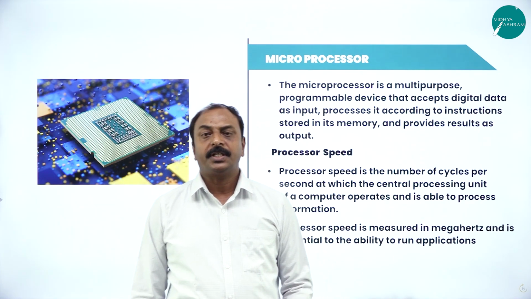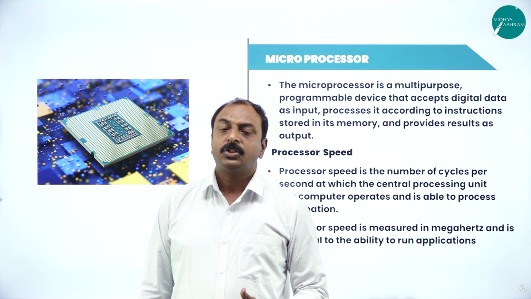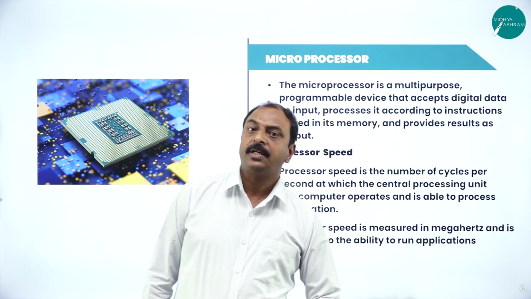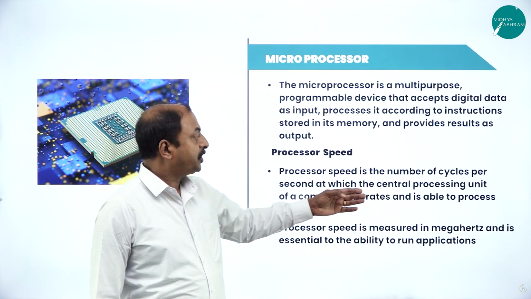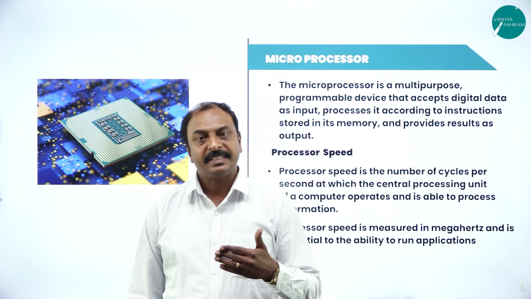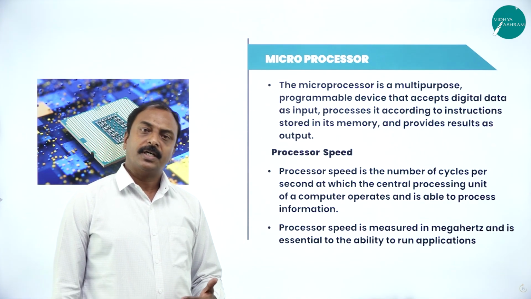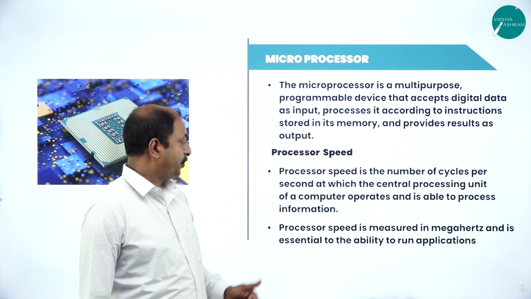Processor is the one that executes so many instructions. So the number of instructions executed by a microprocessor per second is the measure of the performance of your computer system or the microprocessor.